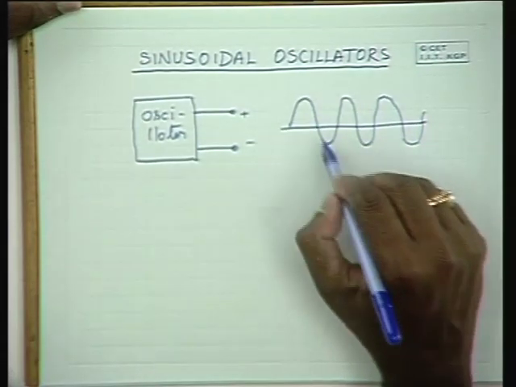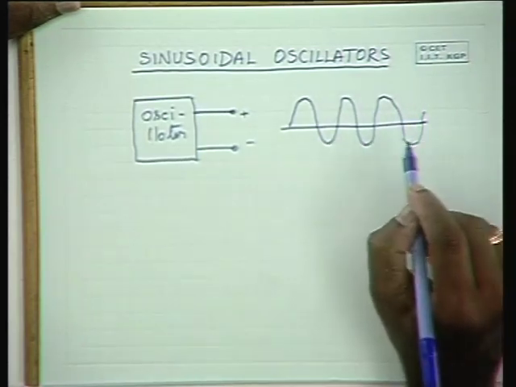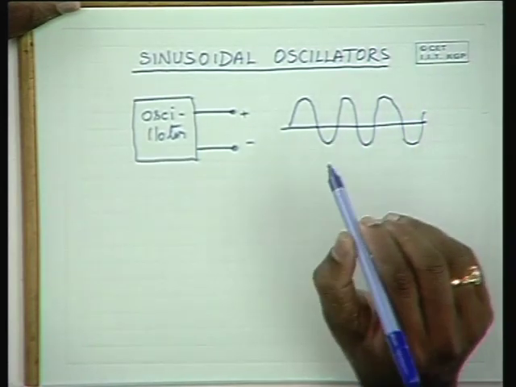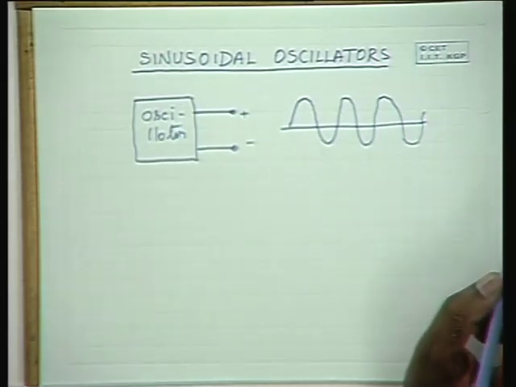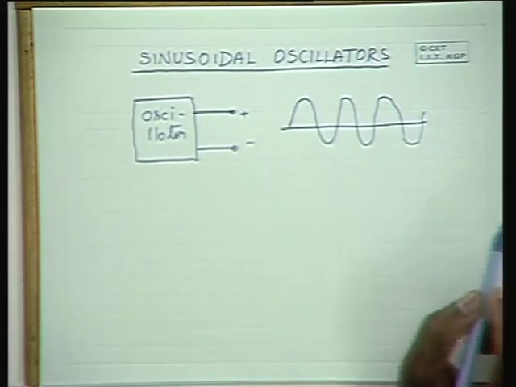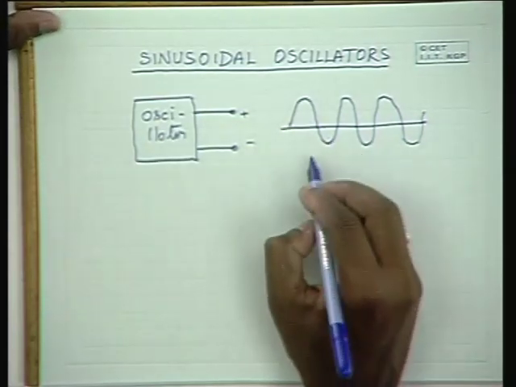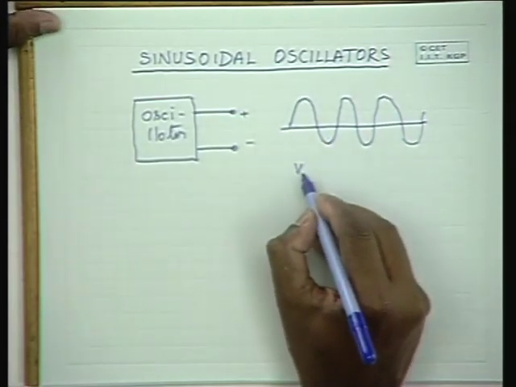If this voltage variation is sinusoidal, it is a sinusoidal oscillator, and if it is a square wave, it is a square wave oscillator, and so on. That means the voltage here is a function of time.